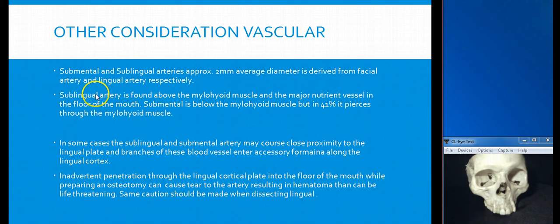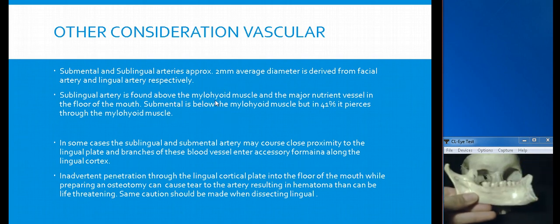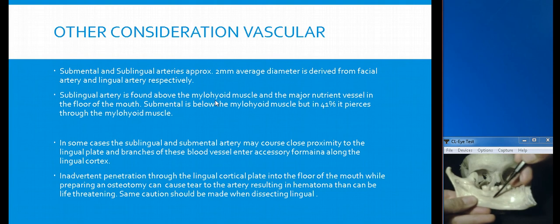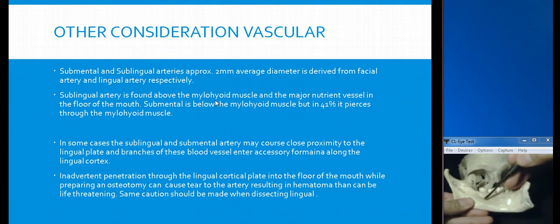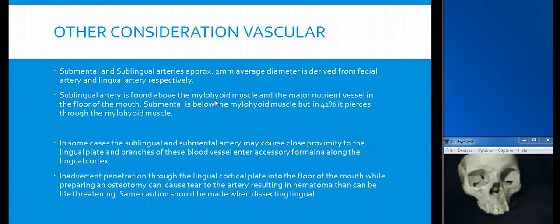The sublingual artery is found above the mylohyoid. If you're looking at the mandible and there's a mylohyoid attachment, you can see it as the x-ray groove. The sublingual arteries you'll find above the mylohyoid, and the submental below it. But in either case, they do pierce down and above, so you still have to be very careful.